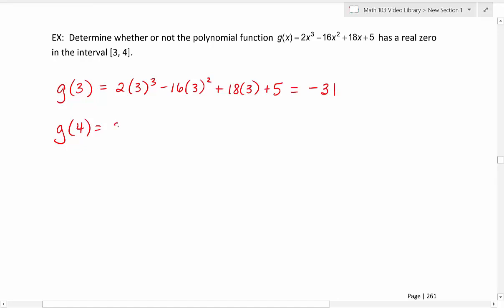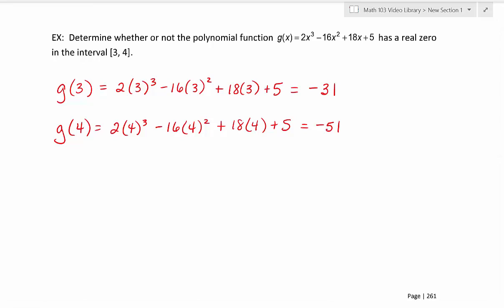Next, we'll plug in 4, and plug all that into our calculator, we get negative 51. So g(3) is negative 31, g(4) is negative 51.